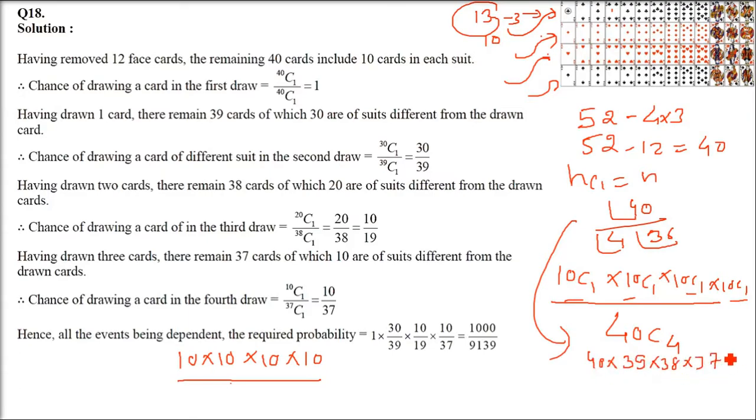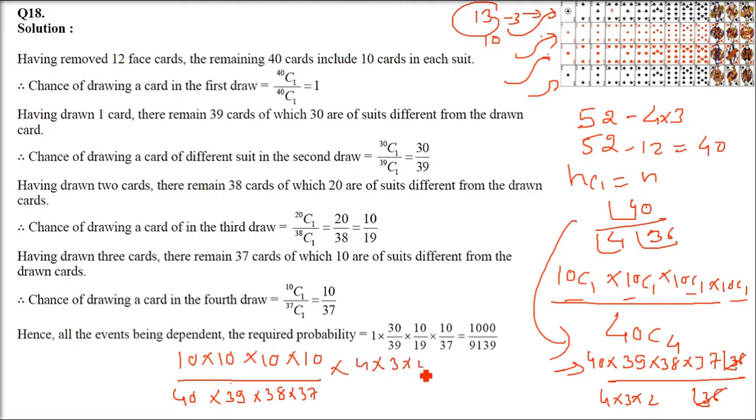So 40, 39, 38, 37, factorial 36. In the denominator we have 4 into 3 into 2, factorial 4. And then we have factorial 36, this gets cancelled. The lower part will go up. 40 into 39 into 38 into 37 remains in the numerator, and 4 into 3 into 2 goes in the denominator.